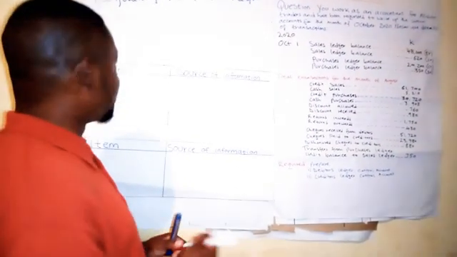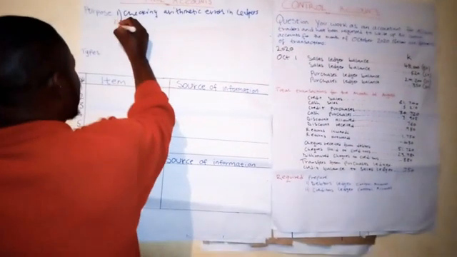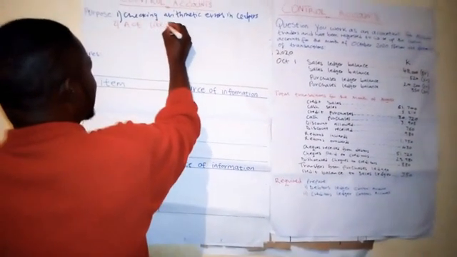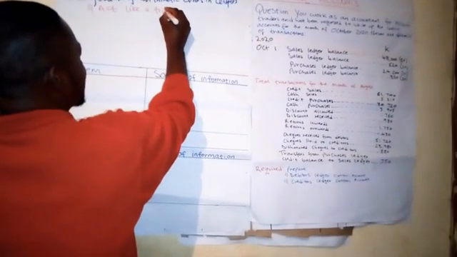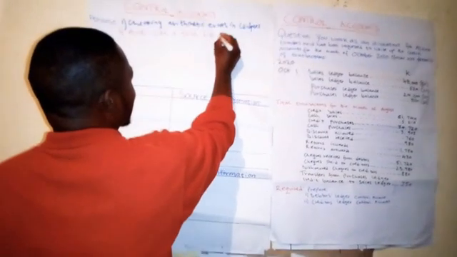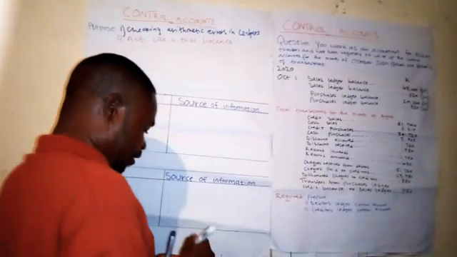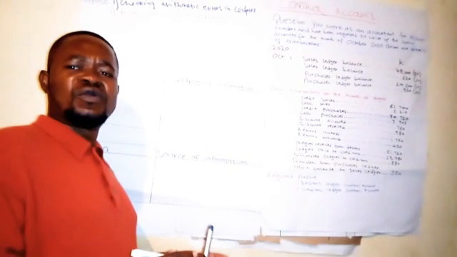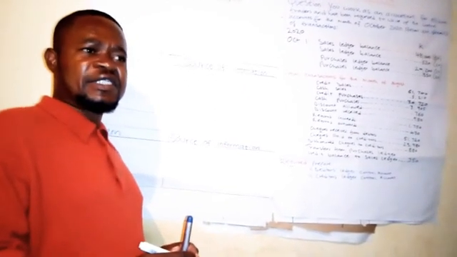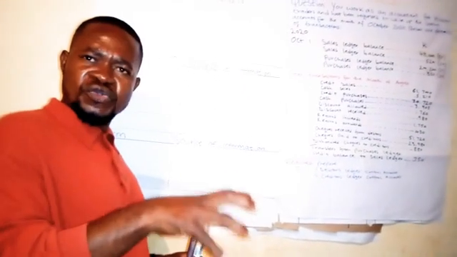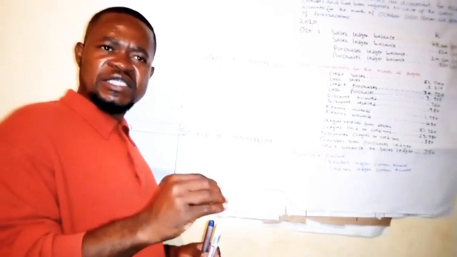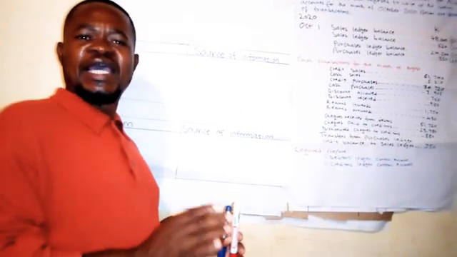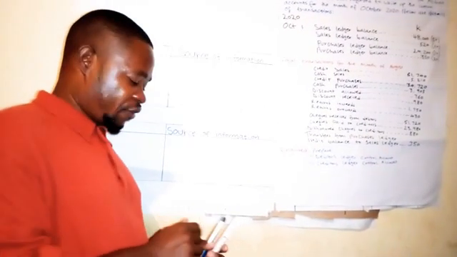Then the second purpose is that control accounts act like a trial balance for each particular ledger. Okay, so the second one, act like a trial balance. Then the third purpose of control accounts is that they use a technique that is quick to identify the errors in the accounting records.